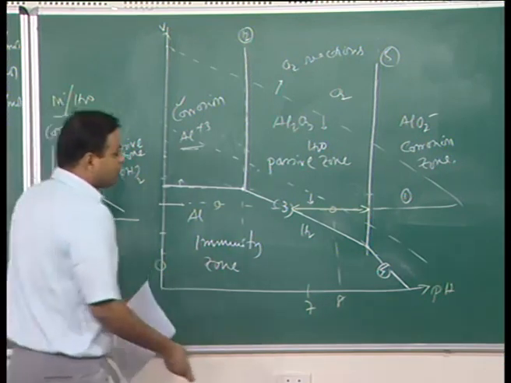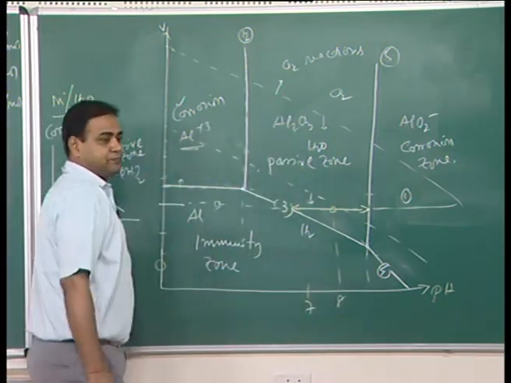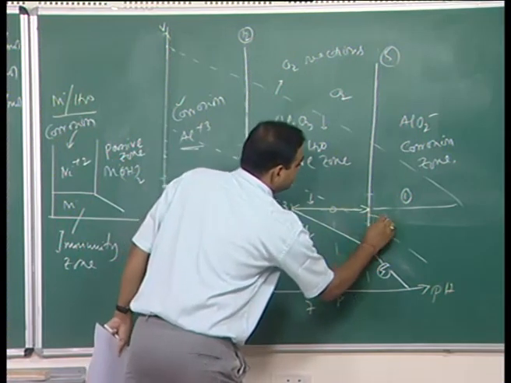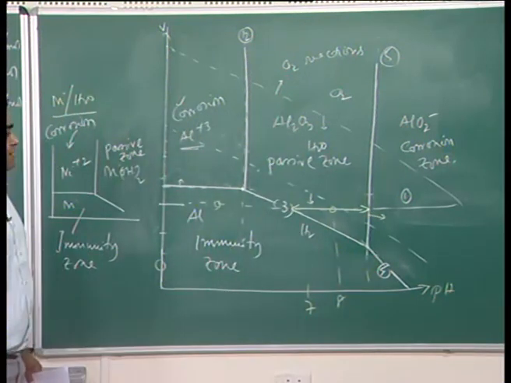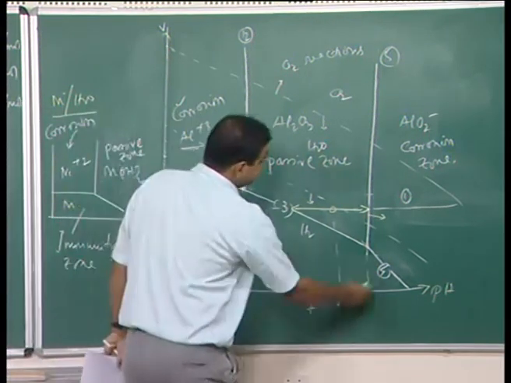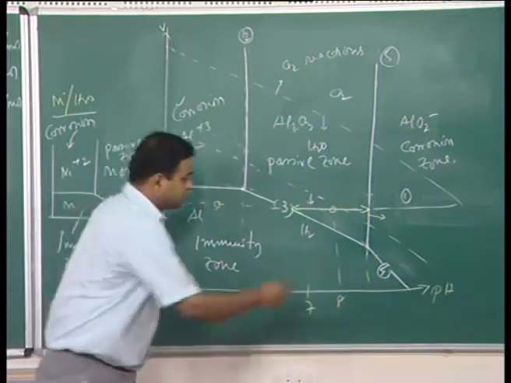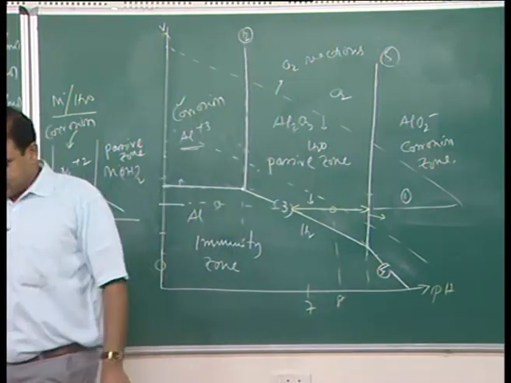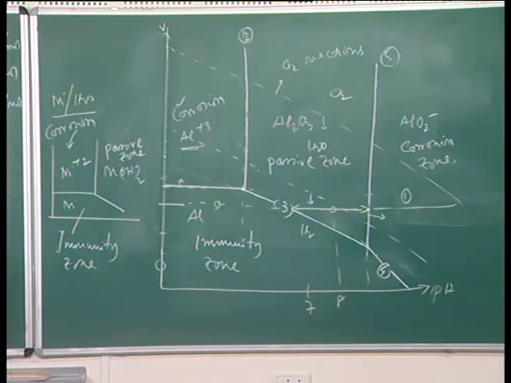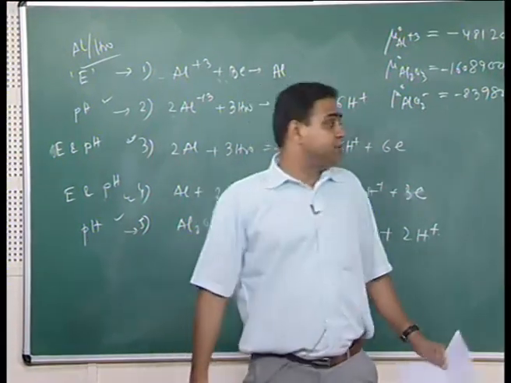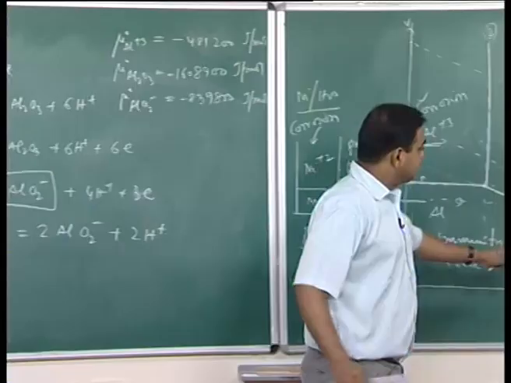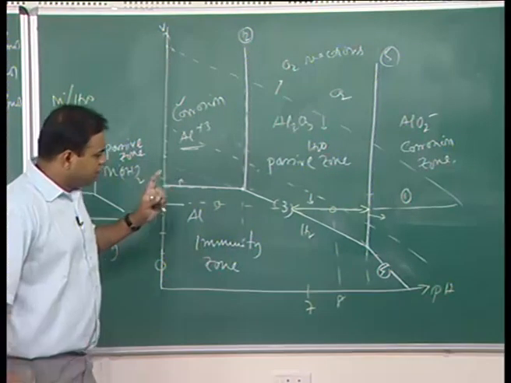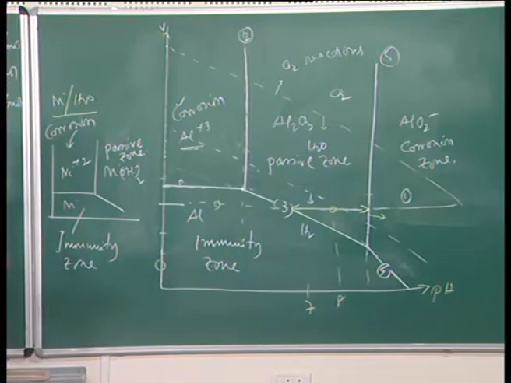But once we cross this passive zone, if we go to the right side of this line, the pH is a very high value, at around 14. If you calculate all the K values or equilibrium constants, you will see that this comes at around a pH value of 14.